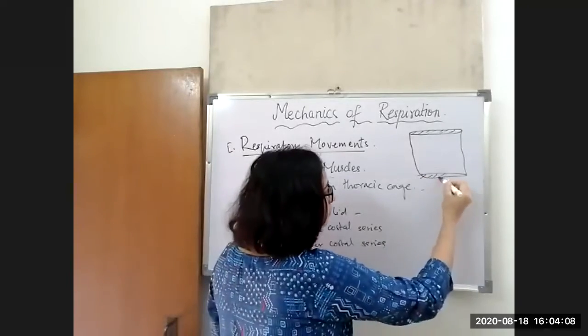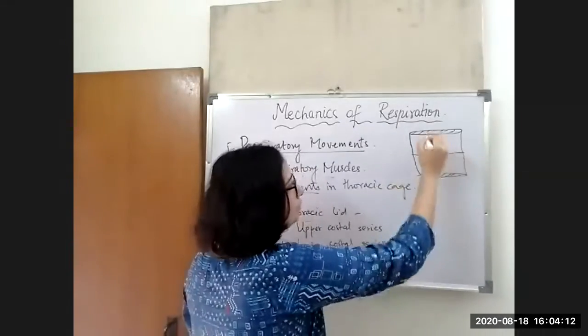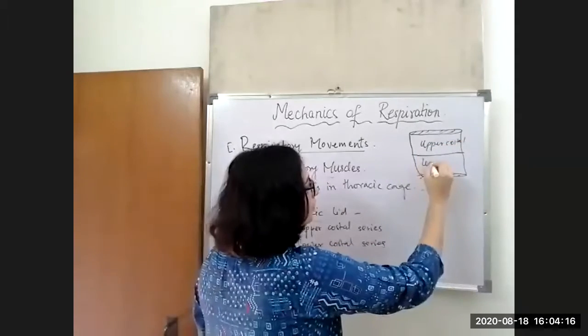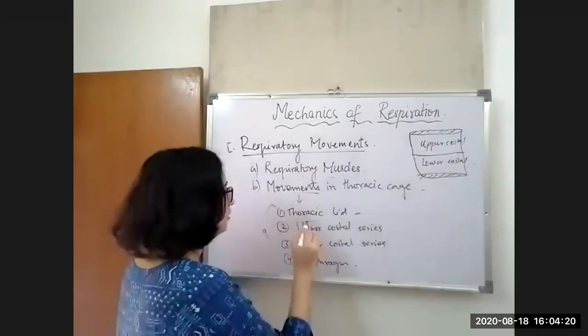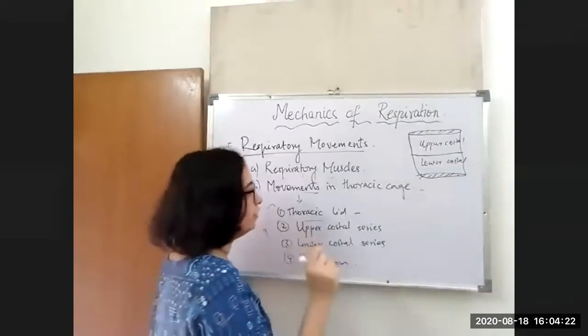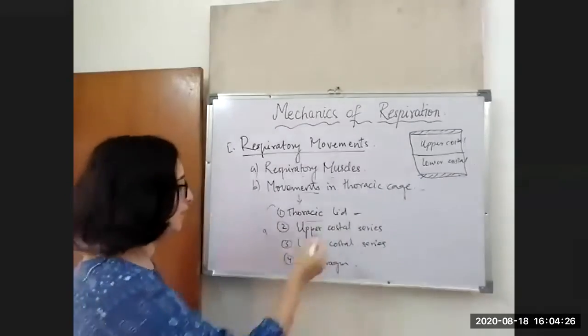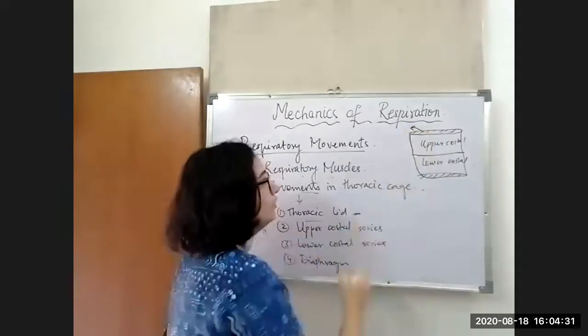The last portion can be your diaphragm, and we divide this into two parts. The upper part will be your upper costal, and lower part will be your lower costal. Okay, so this thoracic lid starts from our first rib. So this is your thoracic lid.